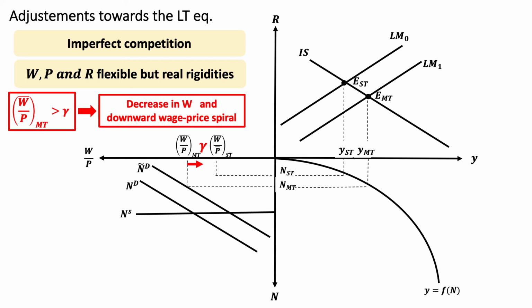We are then in excess supply of goods, which pushes prices down, which in turn leads to an increase in W over P above the negotiated real wage. The wage decreases again, and so the prices, and so on and so forth. The spiral continues until we are back to the negotiated real wage.